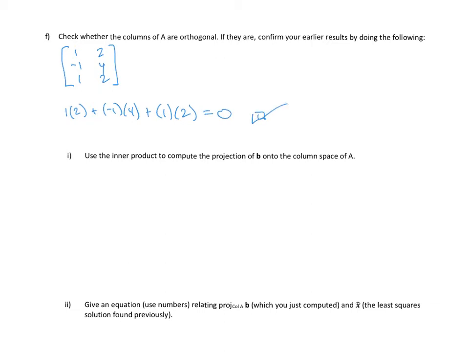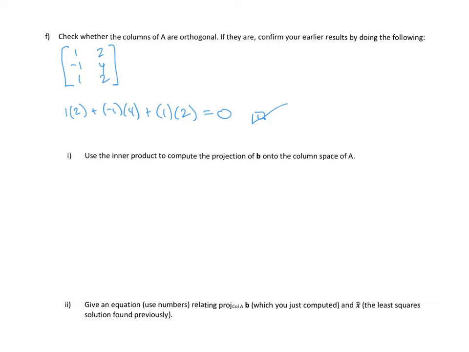Okay. So that means we can confirm the results we found earlier, the x hat and the b hat, by another method. This method only works when the columns of A are orthogonal, but since they are, we're going to do a little extra work and confirm what we have found.